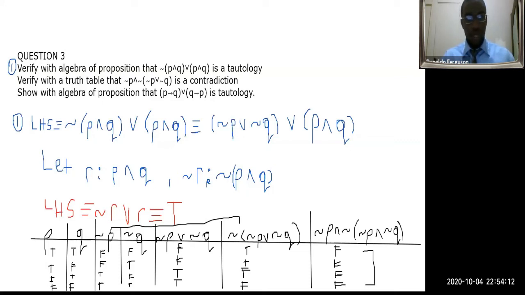So show that P implies Q or Q implies P is a tautology. I want to show that this is a tautology.